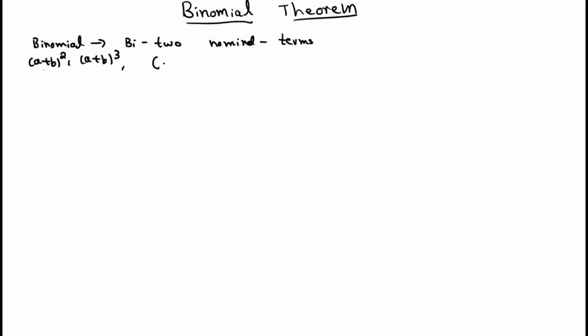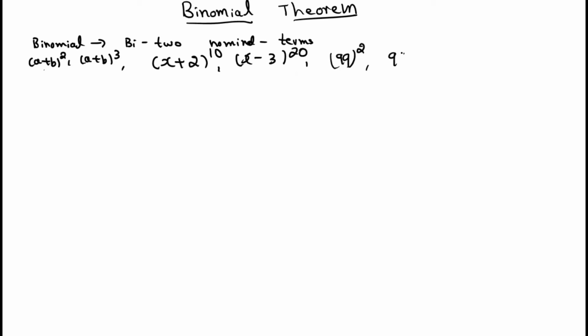Suppose you want to find the value of x plus 2 to the power 10 or x minus 3 to the power 20. Whenever these types of questions arise, to expand this expansion we use binomial theorem. Or we know 99 to the power 2 we can calculate easily.